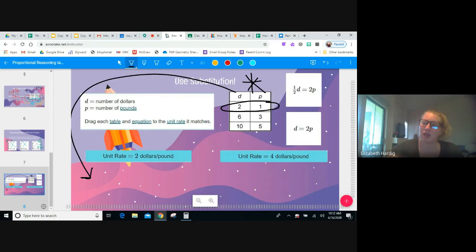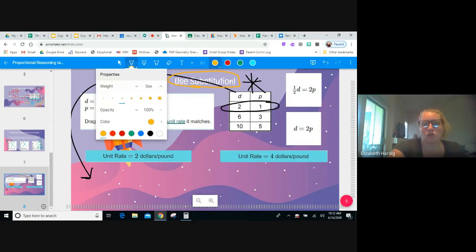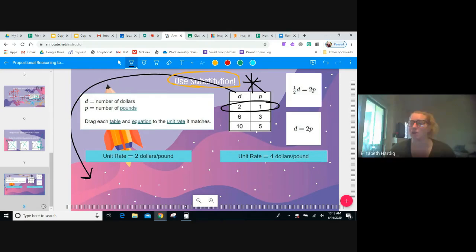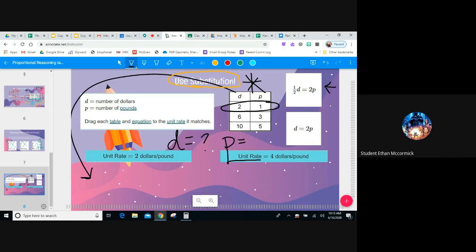And then now we want to look at these equations. Now notice the word at the very top. It says use substitution. Substitution is when you plug in something for something else. Kind of like in basketball, players sub in and out. Same with volleyball and football. So I'm going to start with this first equation. I have half of D, which stands for dollars, is equal to 2 pounds. But if I'm trying to find the unit rate, that means I am looking for the dollars when it's how many pounds? 1 pound.